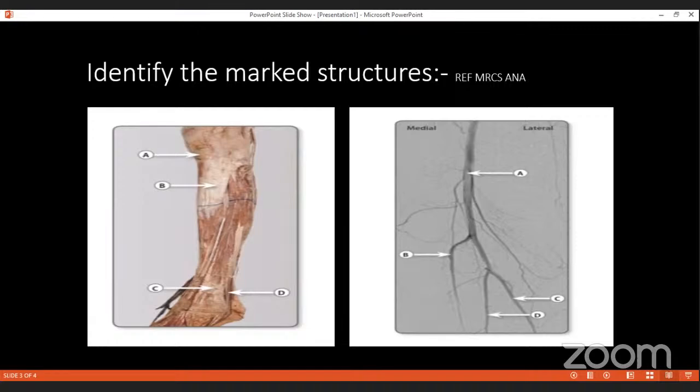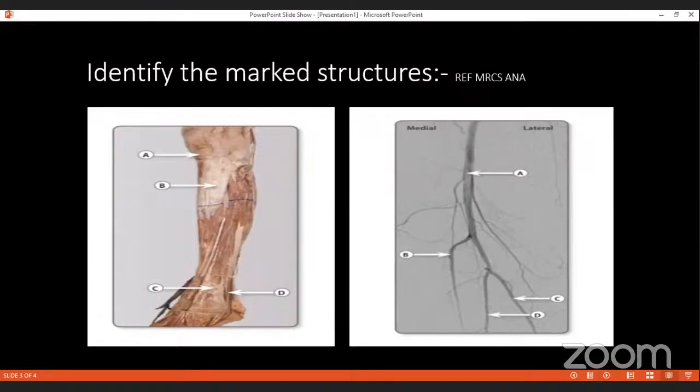How would you differentiate if there is compartment syndrome of the anterior compartment of the leg? If it is anterior compartment syndrome, there will be swelling, pallor, pulselessness and paresthesia, and there will be pain out of proportion on plantar flexion of the leg. And in the posterior compartment, there is pain out of proportion on flexion of the leg.